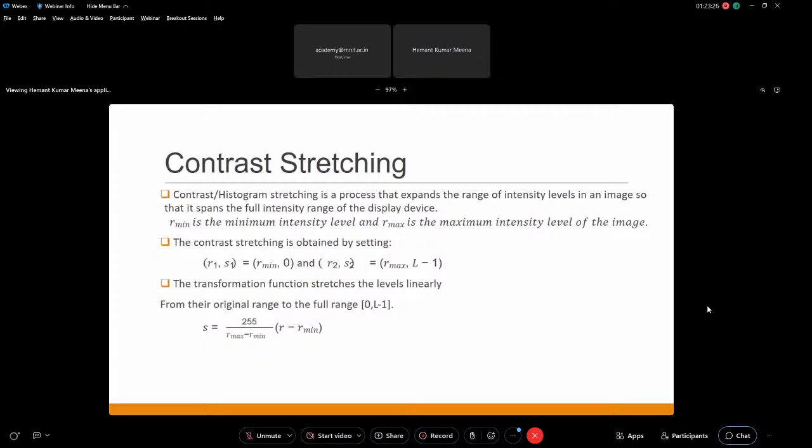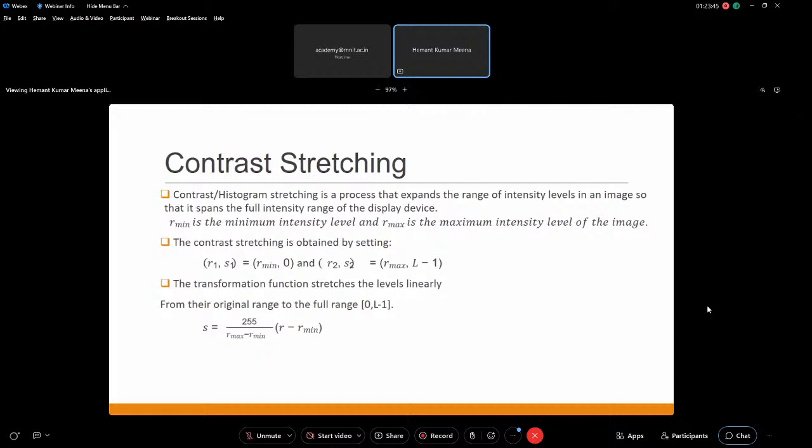Now coming to contrast stretching. Contrast stretching, which is also considered histogram stretching, is a process that expands the range of intensity levels in an image, so it displays the full intensity range of the display device.